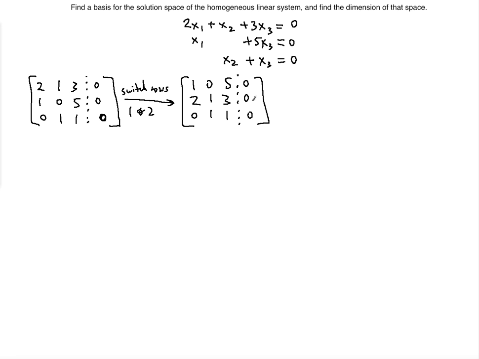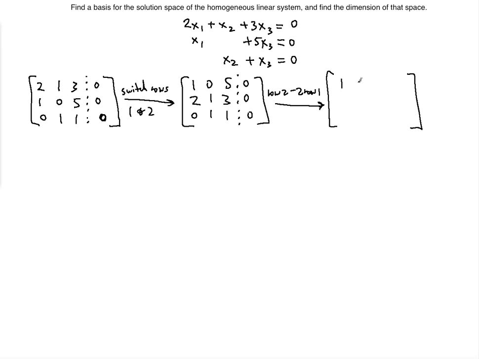So now we're going to do row 2 minus twice row 1 in order to have a 0 there. 2 minus 2 times 1 is 0. So row 2 minus twice row 1. We're using row operations to transform the given augmented matrix into reduced row echelon form.